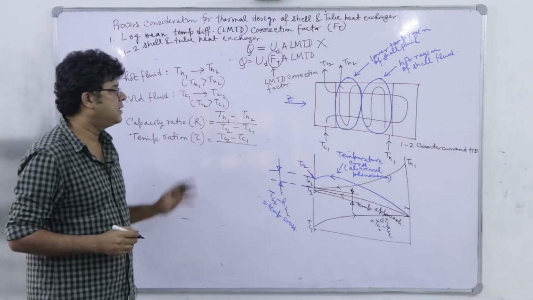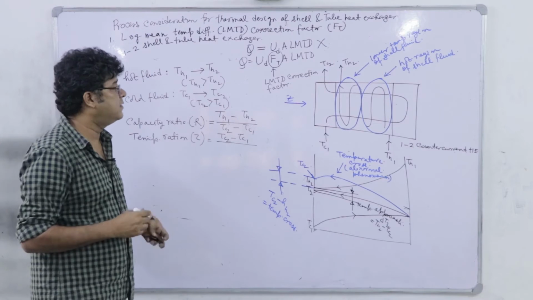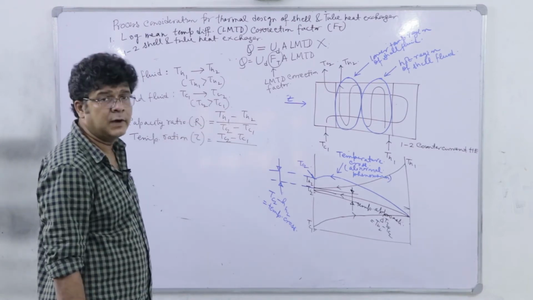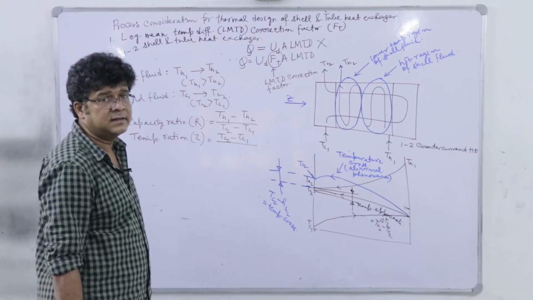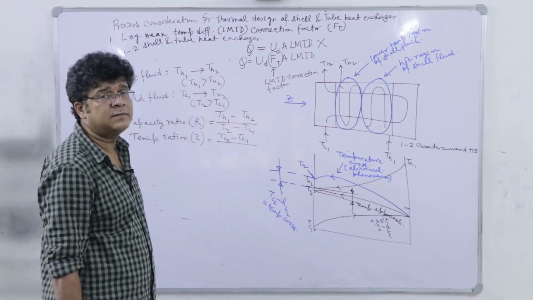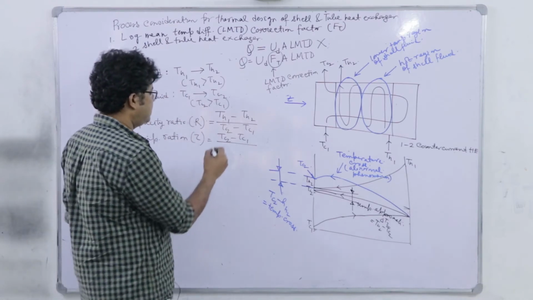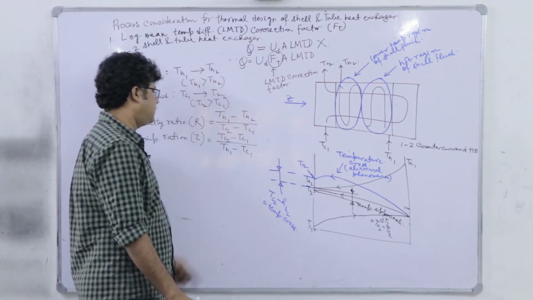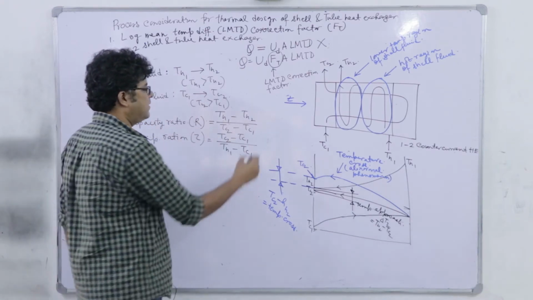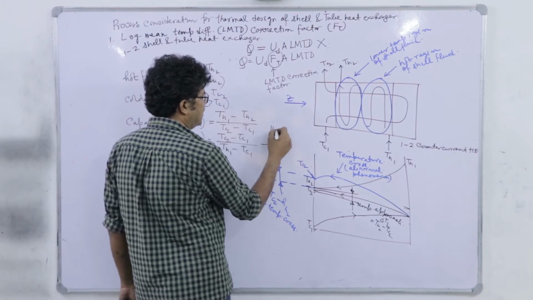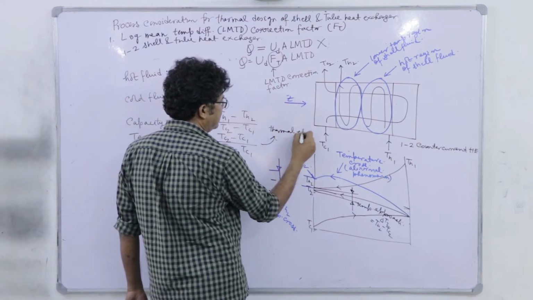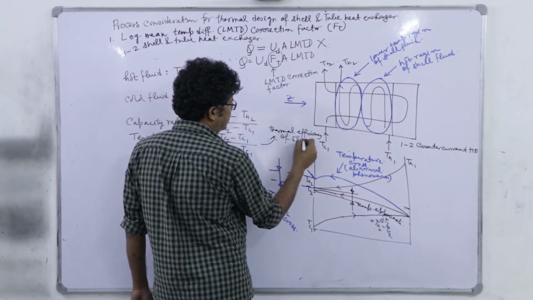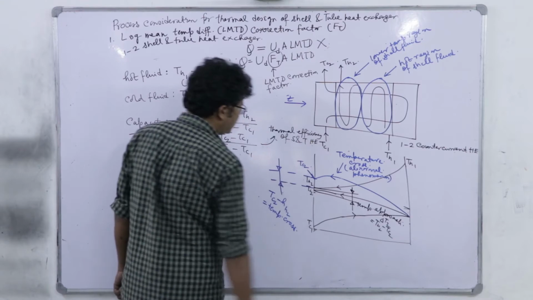If the shell and tube heat exchanger is infinitely large, then the outlet temperature of the cold fluid can maximally attain the inlet temperature of the hot fluid for a perfect combination. So it will be Th1 minus Tc1. Alternatively, it reflects the thermal efficiency of the shell and tube heat exchanger.